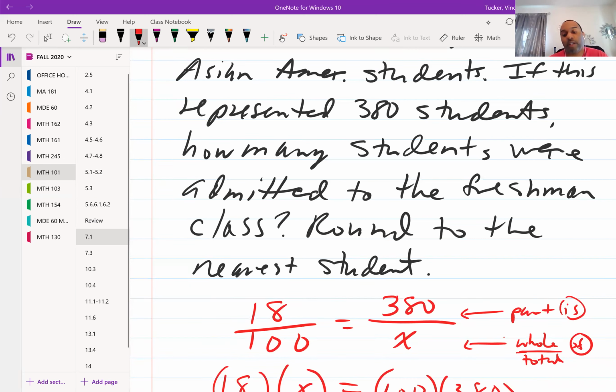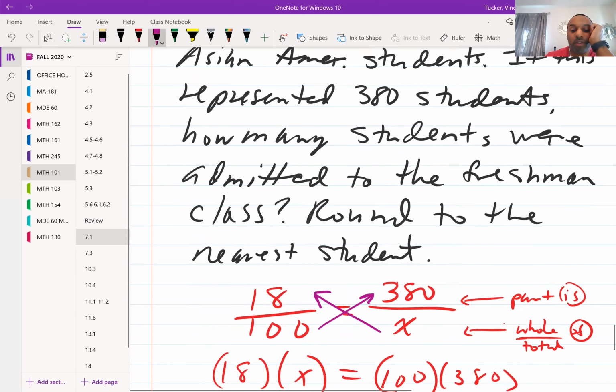So that 380 is over the unknown, which is the total number of freshmen that we want to know are in the class. Once you have your proportion set up properly, then it's all the same process, wherein we take each denominator up to the opposite numerator and multiply.